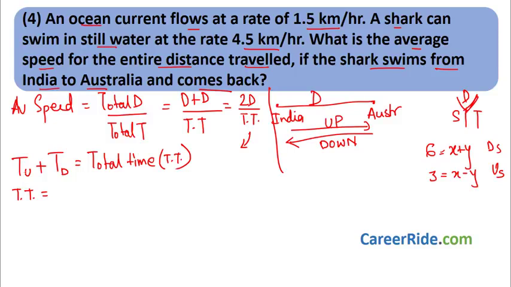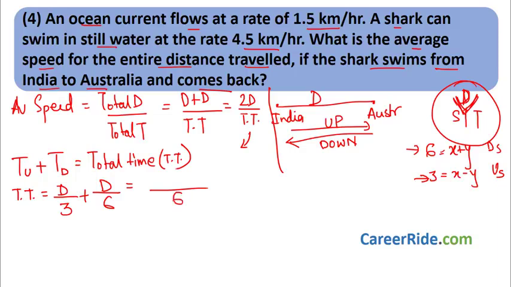What is the formula for time? Time is nothing but distance upon speed. So what is the distance traveled upstream? d kilometers. What is the speed for upstream? x minus y, that is nothing but 3, plus distance traveled downstream is d kilometers, same. Then speed while traveling downstream is x plus y, that is nothing but 6. 6 is the LCM.